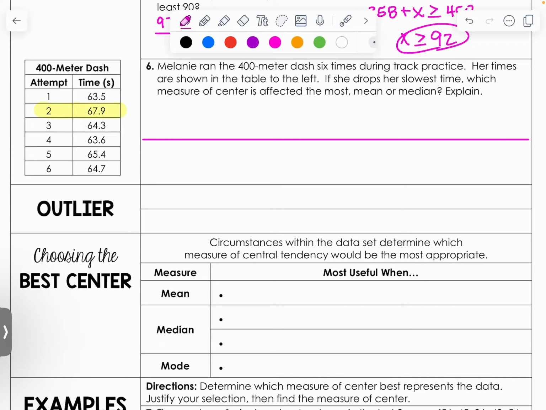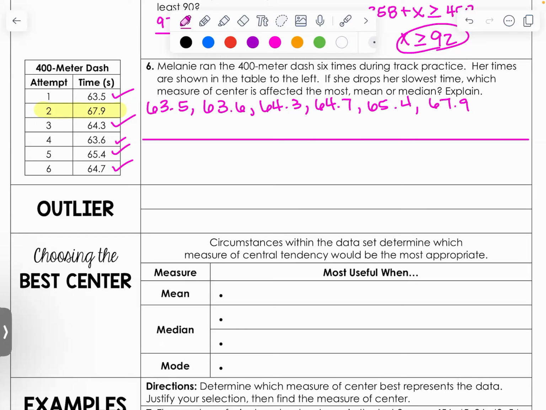Let's put them in order. 63.5, we've agreed is her fastest. Then we have 63.6. Then we have 64.3, 64.7, 65.4. Okay, help me out.